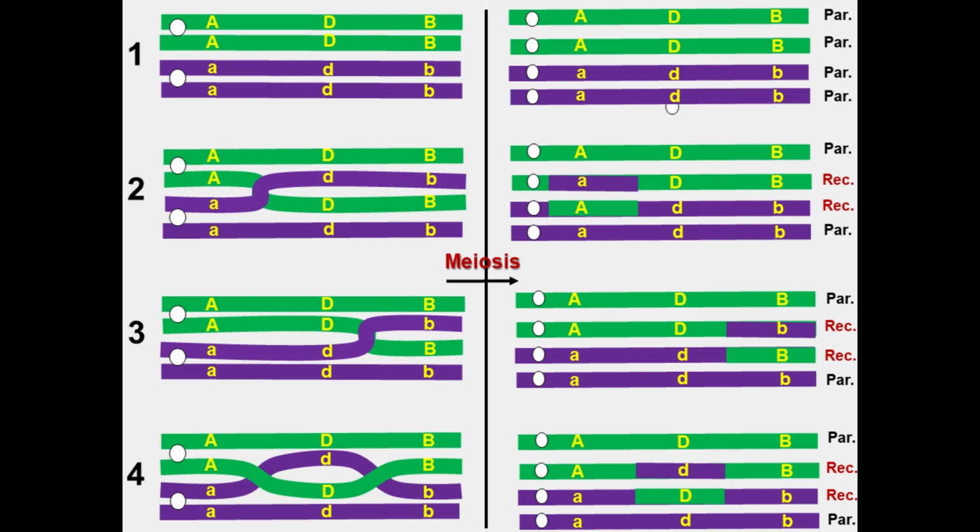This observation is crucial for identifying offspring resulting from double crossovers because the middle gene is displaced in such offspring, which is the key point. By comparing these gametes with the parental types, we can determine the correct order of genes on the chromosome.